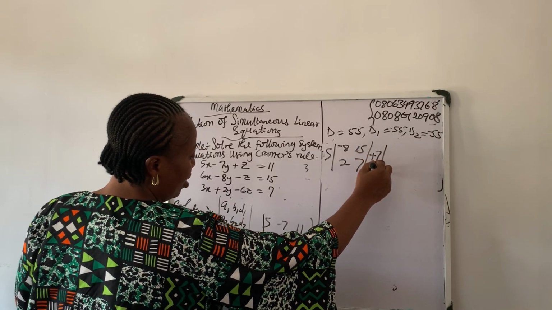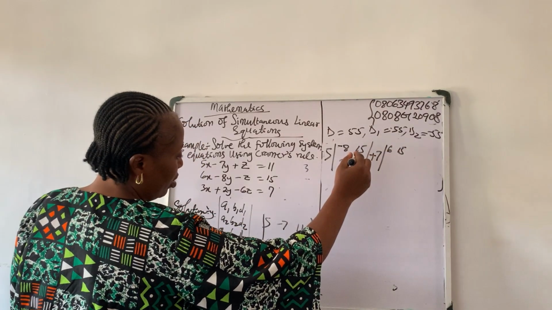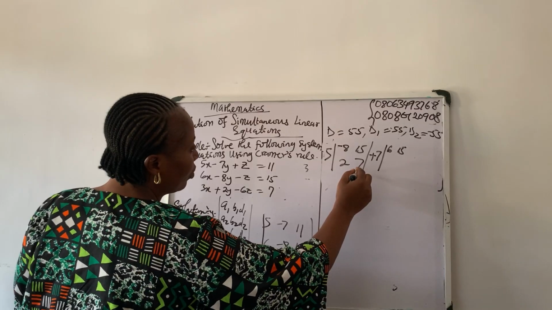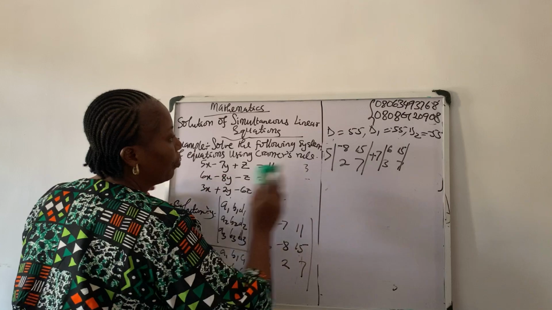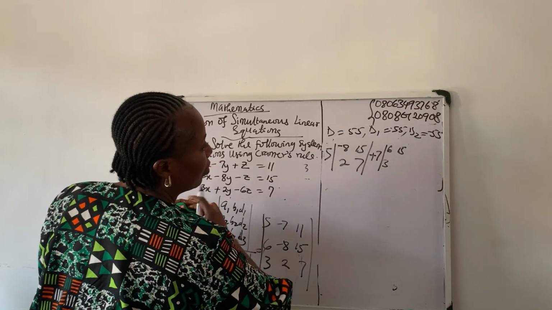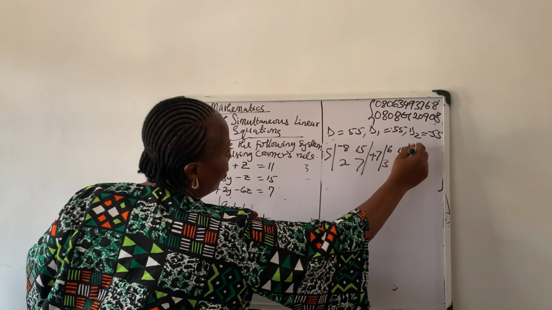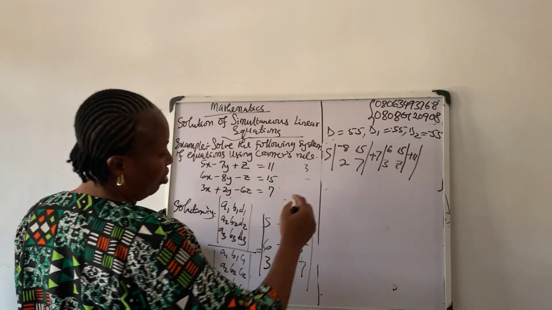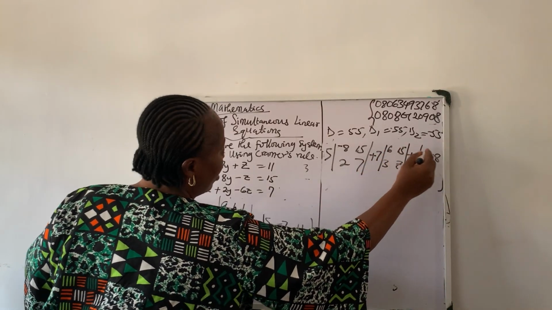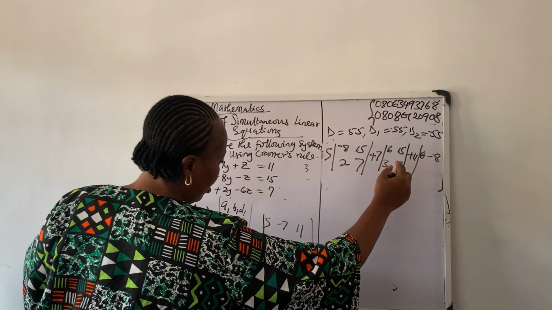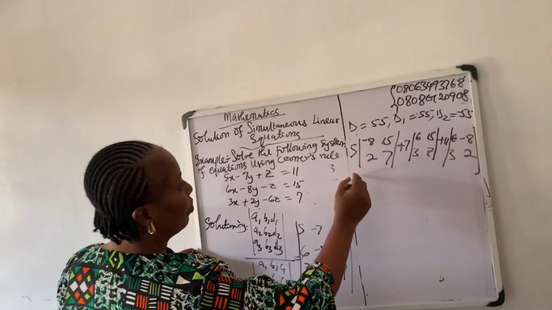The values 6, 15, 3, and 7. We have 7 here. The next one is plus 11. The entries should be 6, minus 8, then 3 and 2, all enclosed.